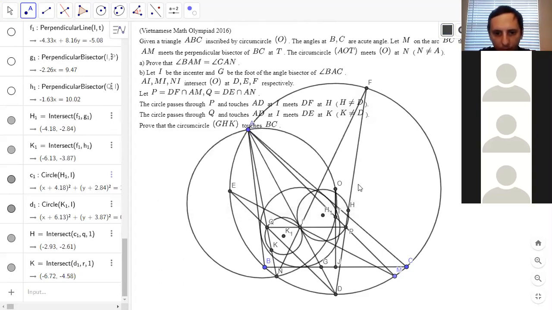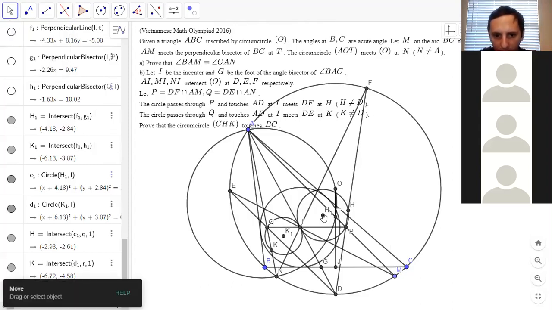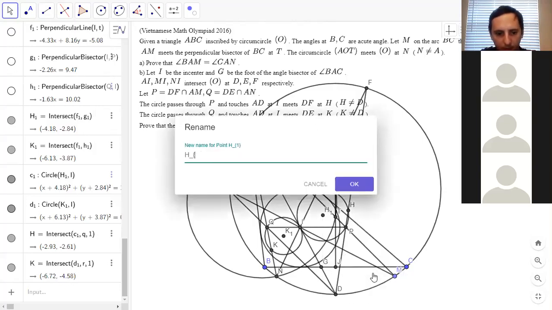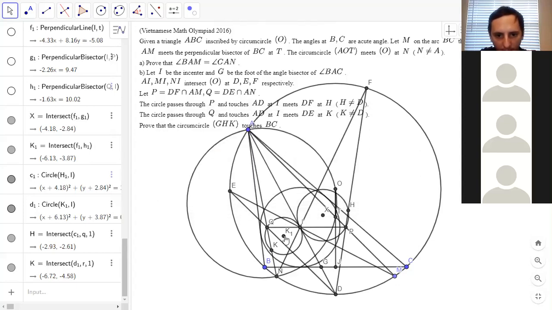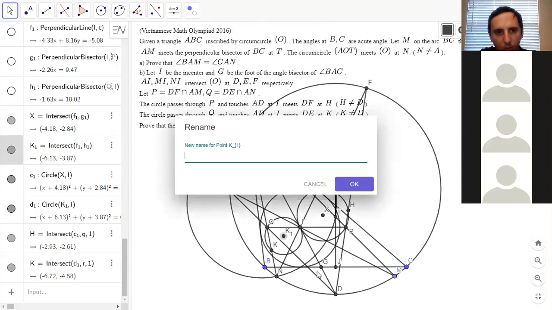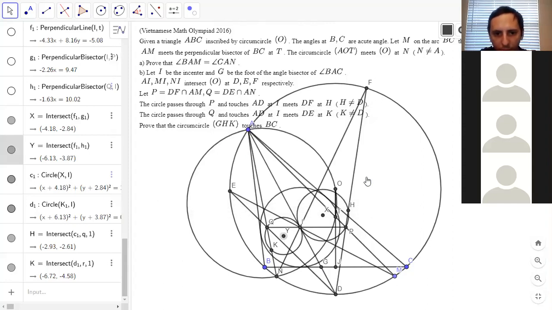And then we want to show the, so let me just rename these. H1 I could call X and K1 I'll call Y. We want to show the circumcircle of GHK is tangent to BC. All right, let's check the chat.